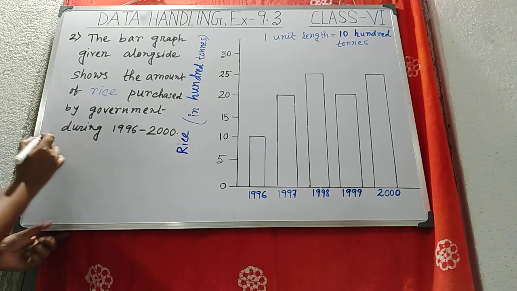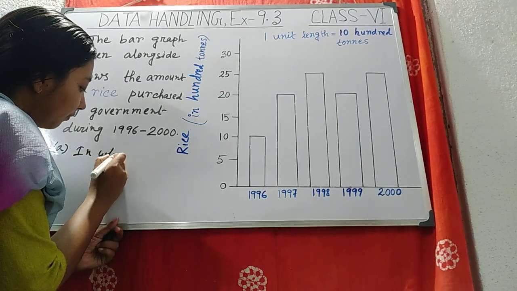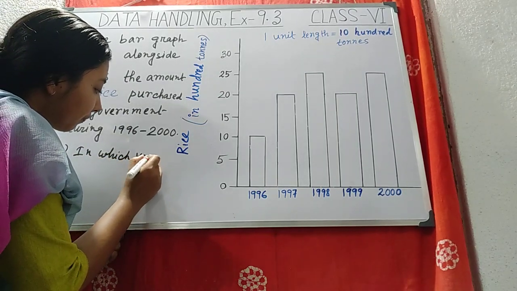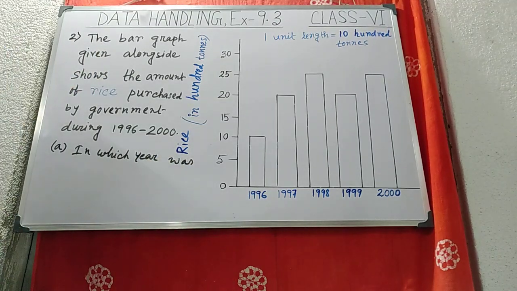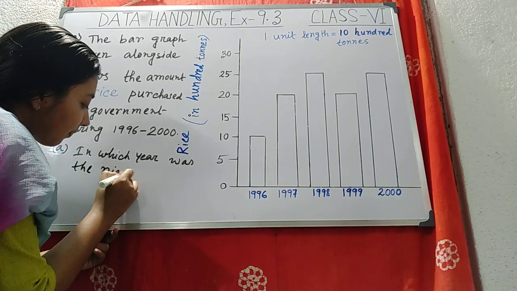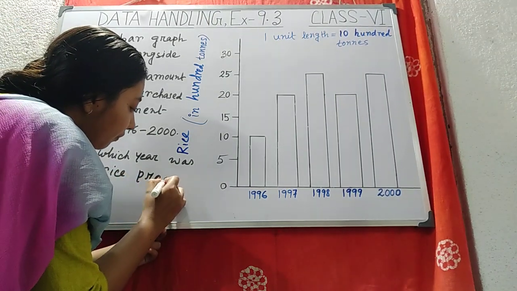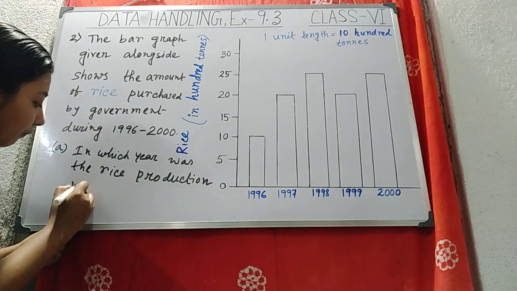First question is, in which year was the rice production minimum?